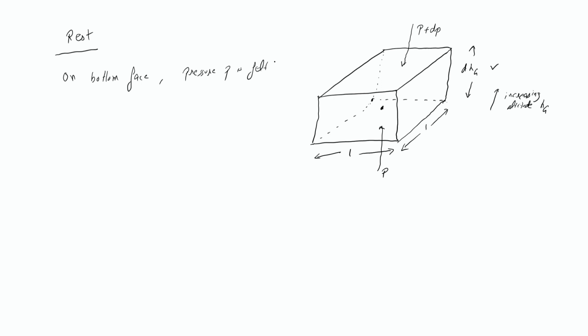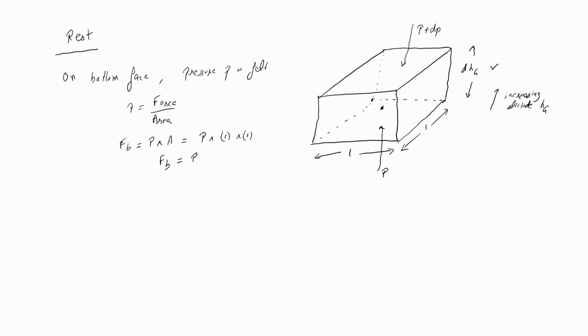Pressure is given by force upon area. Let me denote this as FB, the force at the bottom. FB equals pressure into area. What is the area over here? That is 1 cross 1. So FB, the force on the bottom face, will be exactly equal to P.